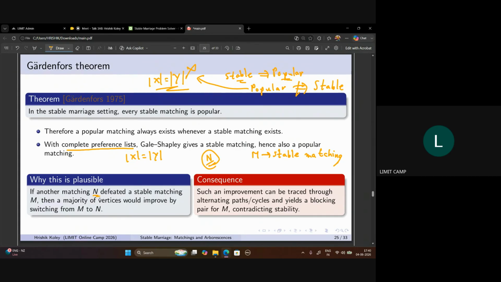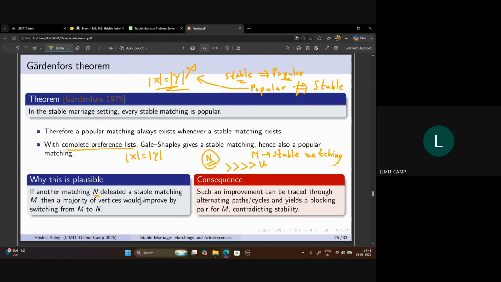If another matching n defeated a stable matching m, then a majority of vertices would improve by switching from m to n. But such an improvement can be traced through alternating paths or cycles and yields a blocking pair for m, contradicting stability. Like, for example, as I said, in the popularity case, we also rank the unmatched condition to be the worst thing possible for you.